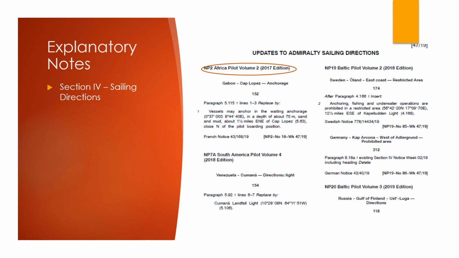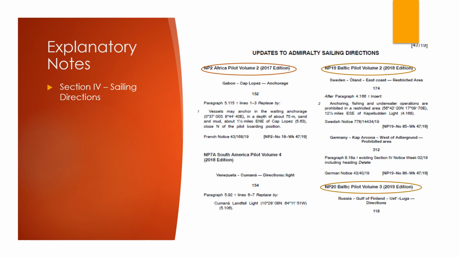So you can see here, this is nautical publication 2, the Africa Pilot volume, and next to it is another sailing direction, nautical publication 19, which deals with the Baltic Pilot volume 2. So the edition number, the publication number, and the correction that it is affecting is provided in the notice to mariners.